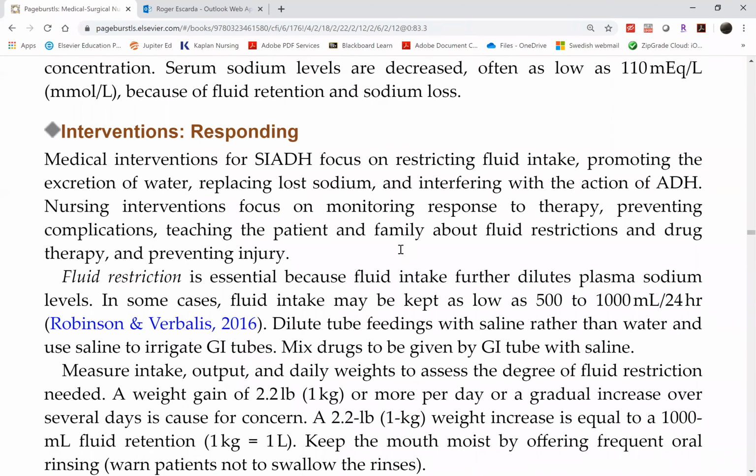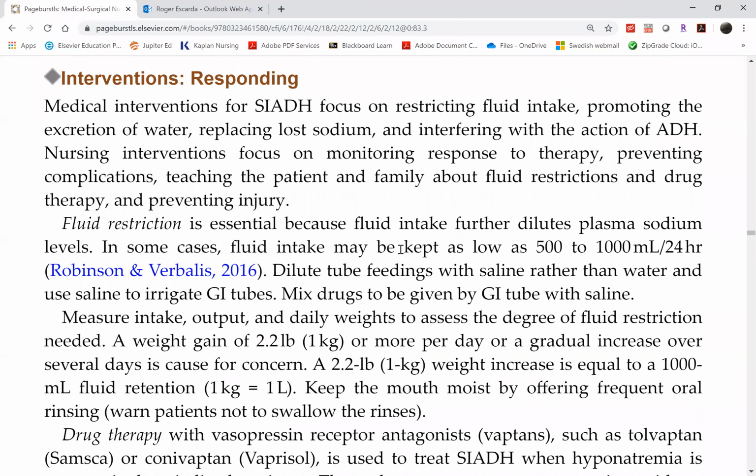Let's go now to interventions. So this patient has so much antidiuretic hormone. So therefore, does this patient need water like a diabetes insipidus patient? No. Instead of giving water, we will now restrict this patient's fluid intake. The restriction will depend on how much urine they were able to produce yesterday.